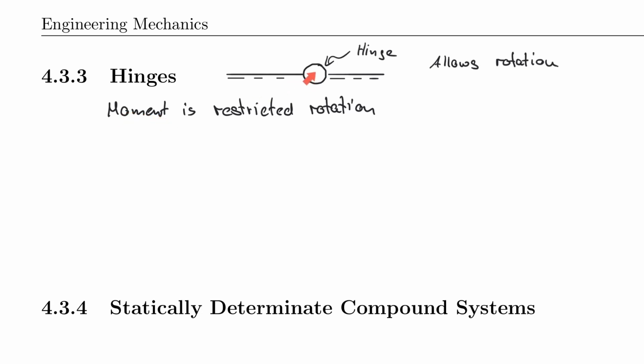So the moment has to go to 0 at a hinge. And this is really what you need to understand. It's difficult to understand this just by definition, but this will become clear throughout the class. That at the hinge, the moment has to be 0.